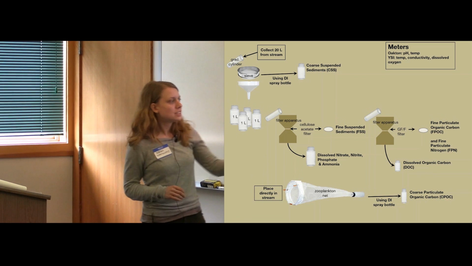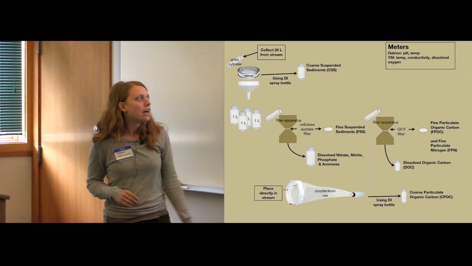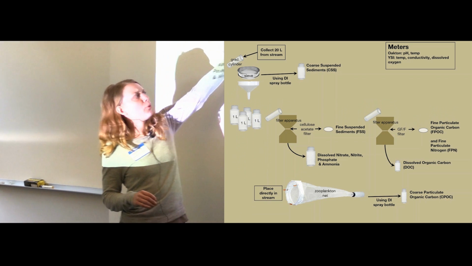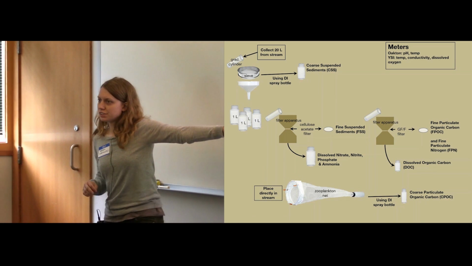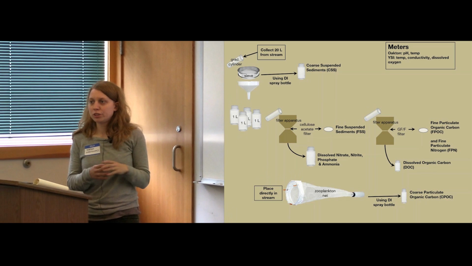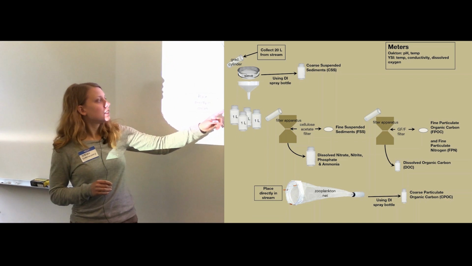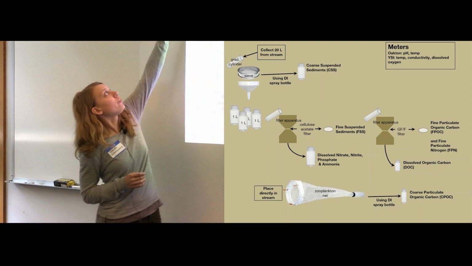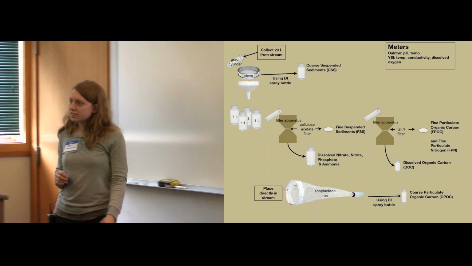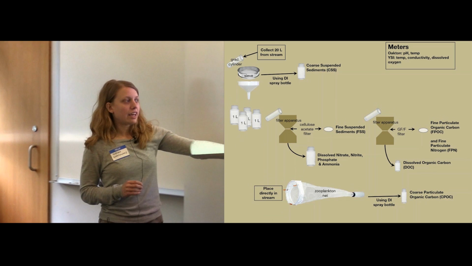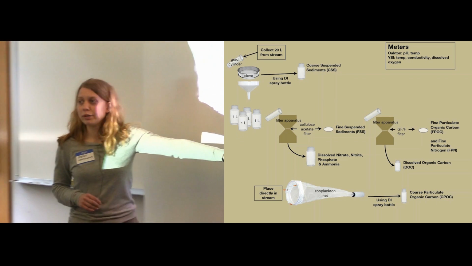These are 0.45 micron filters, so separating out particulate from dissolved. I then used a zooplankton net, which was similar to the sieve in that it was 63 microns, to get coarse particulate organic carbon.